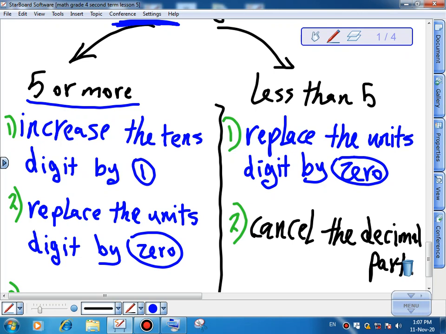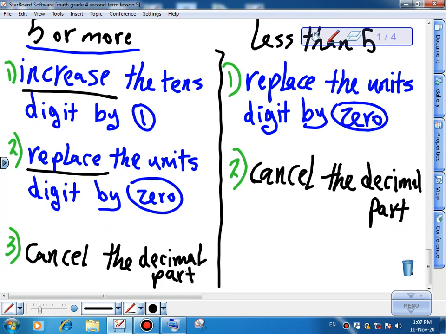The next step, replace the units digit by 0. Increase and replace. And if the decimal part exists, it will be cancelled. Cancel the decimal part. Okay?